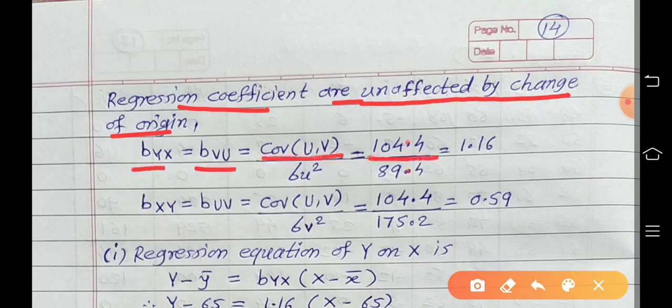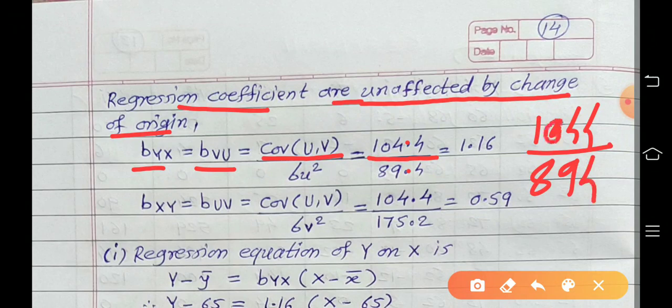So the decimal point disappears, and then find out 1044 divided by 894. So this is a student's part. Do the calculation roughly in your notebook on the last page and find out the answer. So the answer is 1.16. Same way, buv means nothing but bxy.